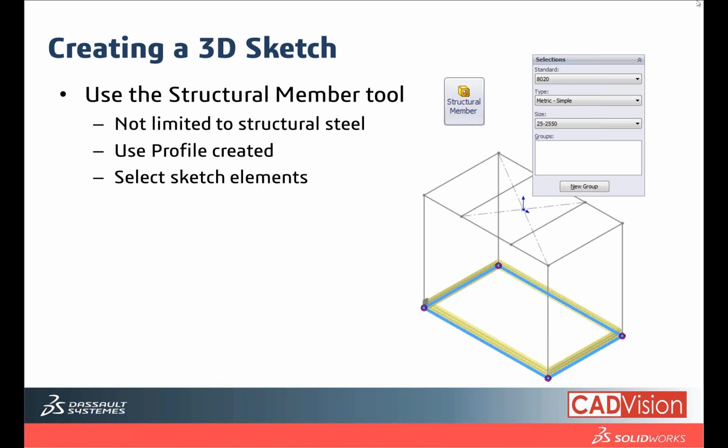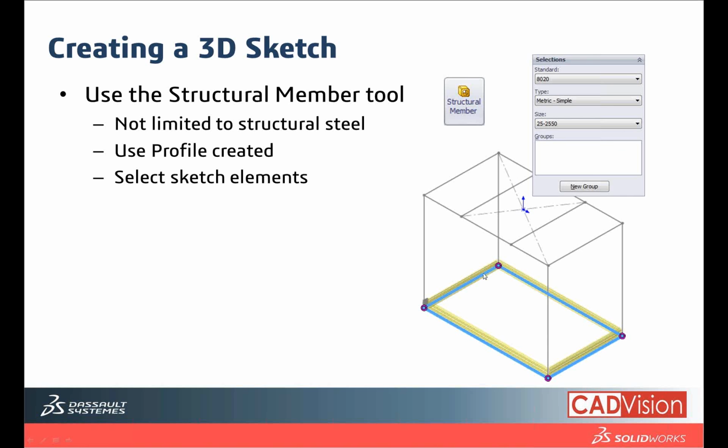You can always customize them to your company standards. You can just type in your name and, as I mentioned earlier, go to your file locations and add it into your weldment profile so that you can use it. The type can be a C channel, an L channel, an angle channel, or an I-beam, anything that you want, and then the size of it.